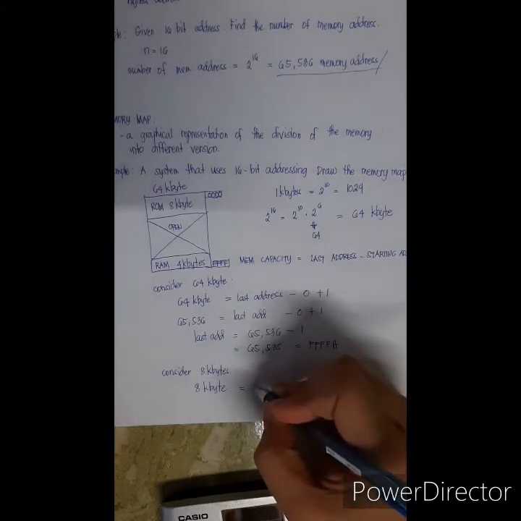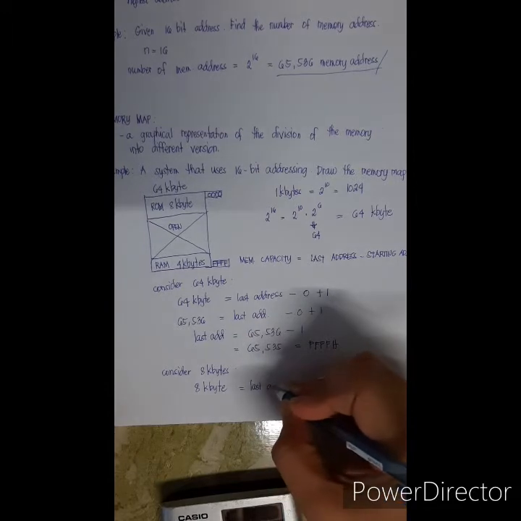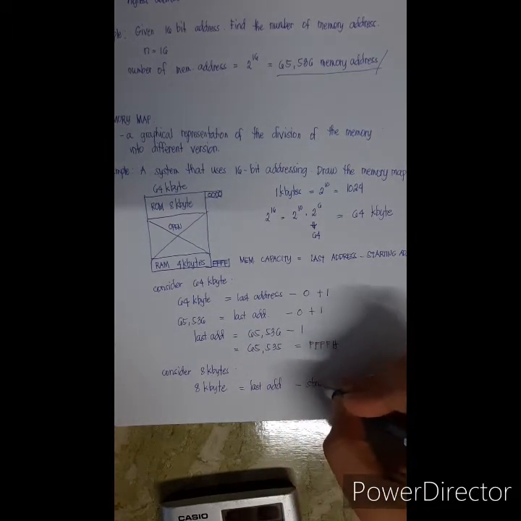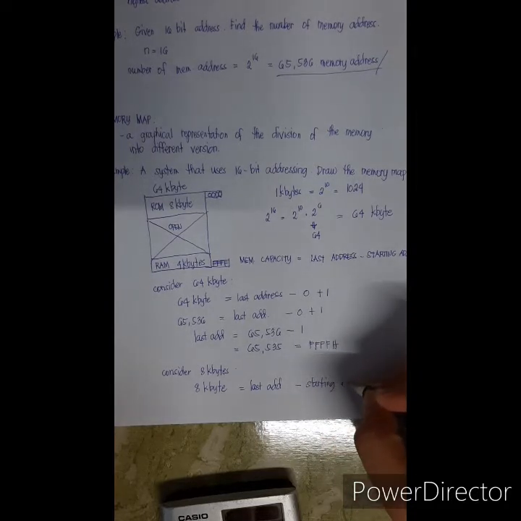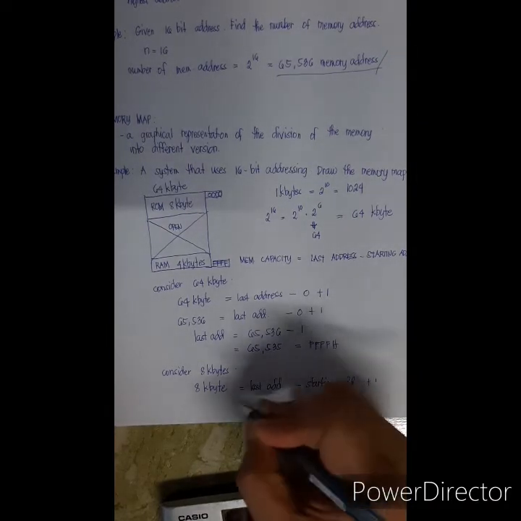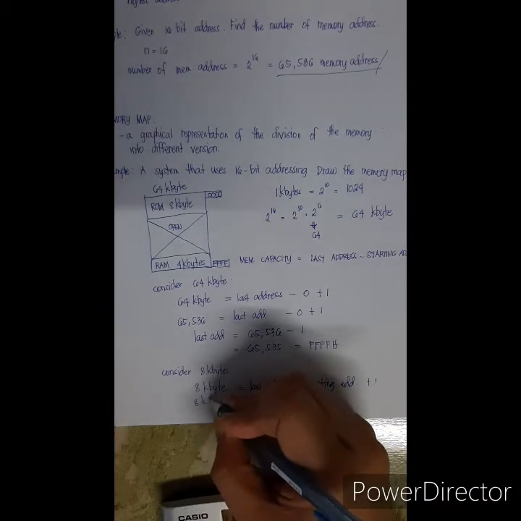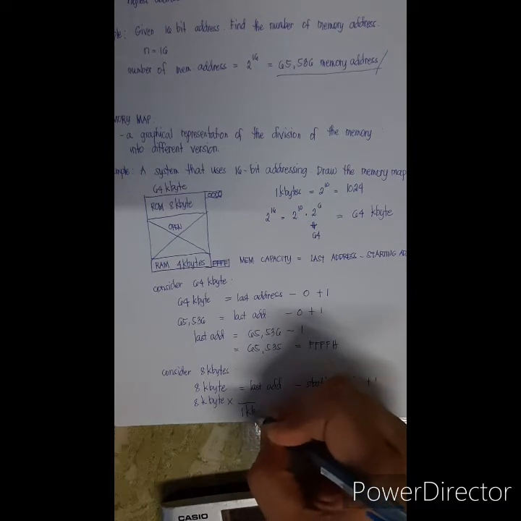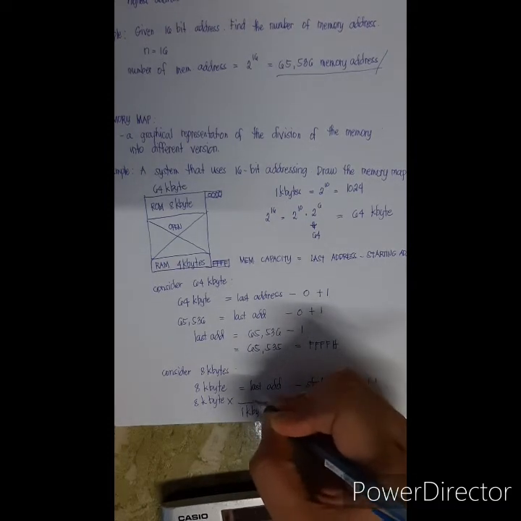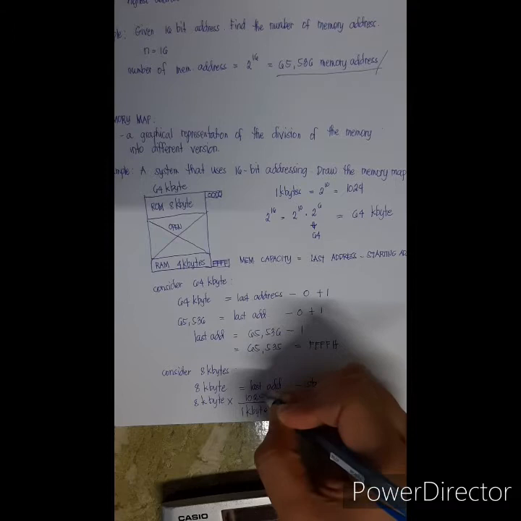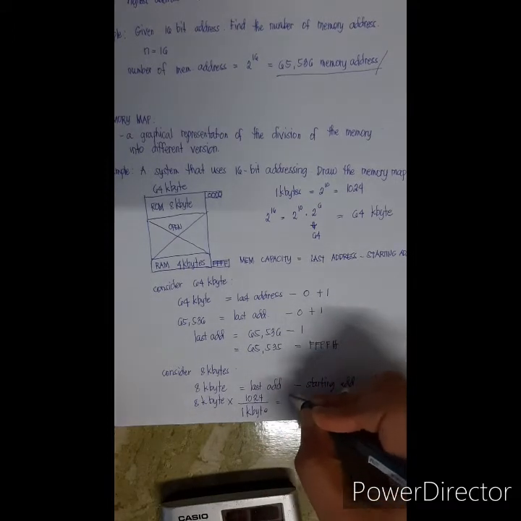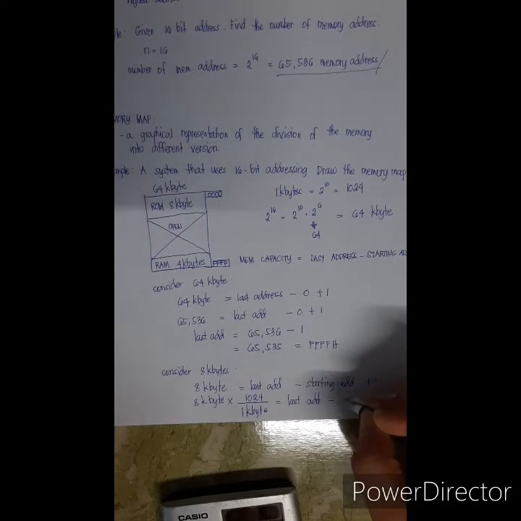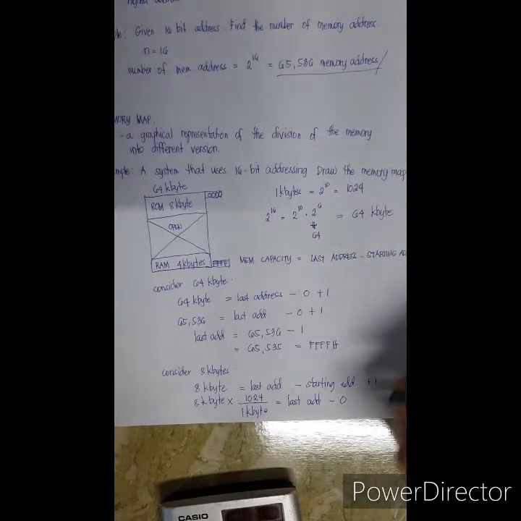is equal to the last address minus the starting address plus 1. So, 8 kilobytes times 1 kilobyte equal to 1024 equals the last address minus 0 plus 1.